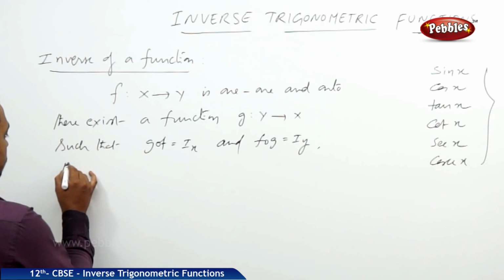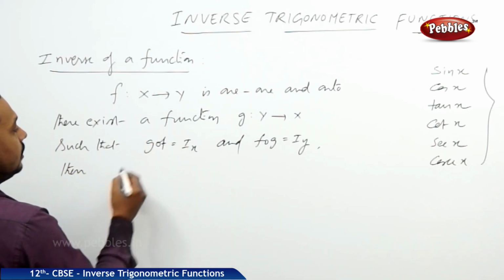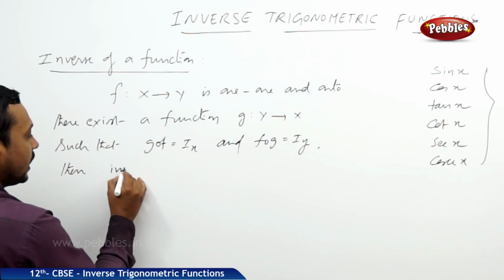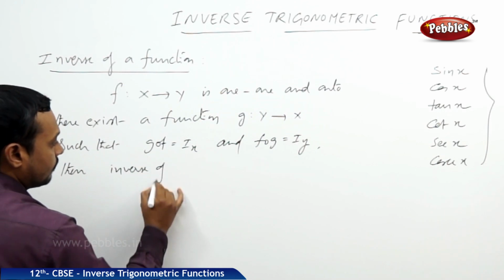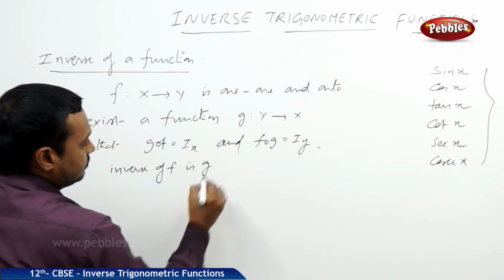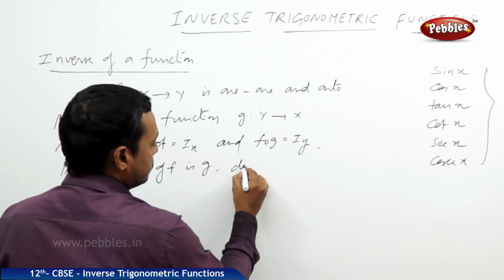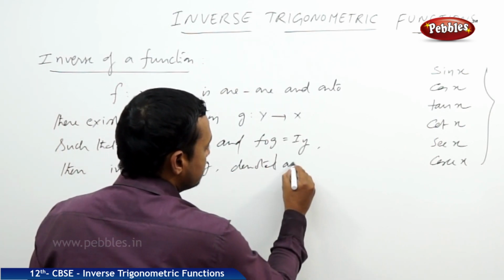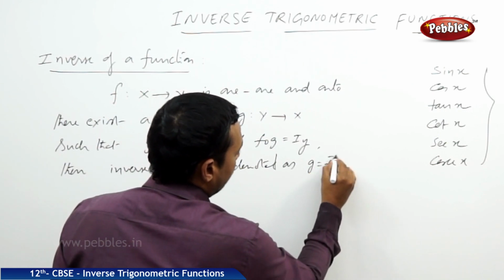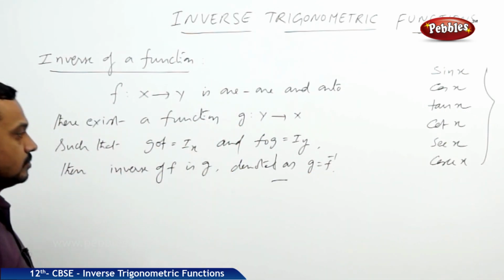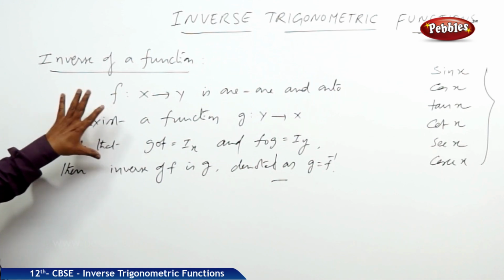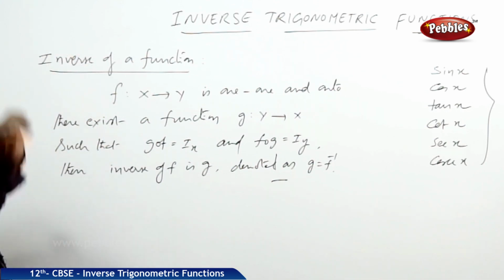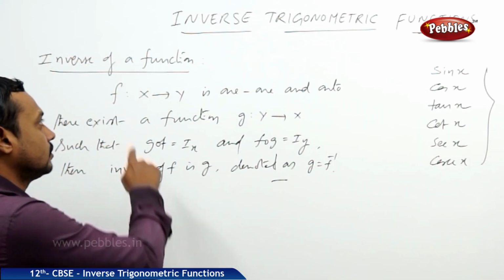Then the inverse of f is g and it is denoted as g is equal to f inverse. So this is the definition of the inverse of a function.